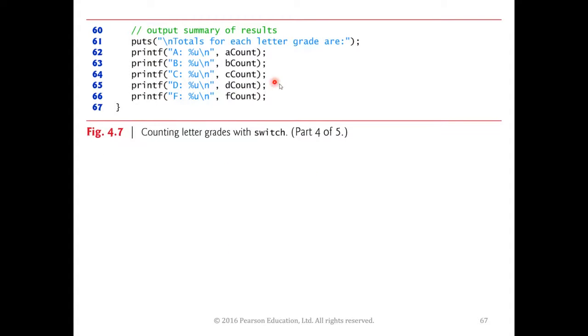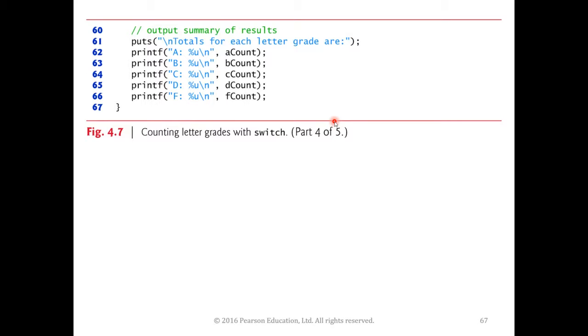And so finally, what you will see in your program is outside of the loop. So whenever the loop stops executing, you're going to get, okay, total for each letter grade. So you're going to see the number of times A was pressed, the number of times B was pressed, C, D, and F. So you will get a count of the number of letter grades of each type that was selected or entered by the user.